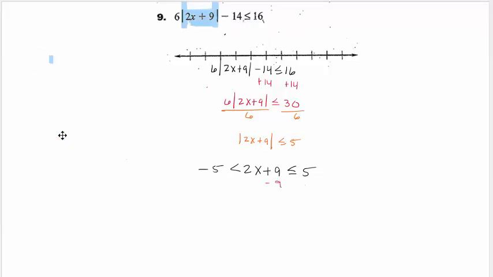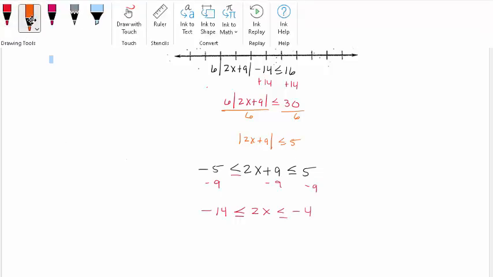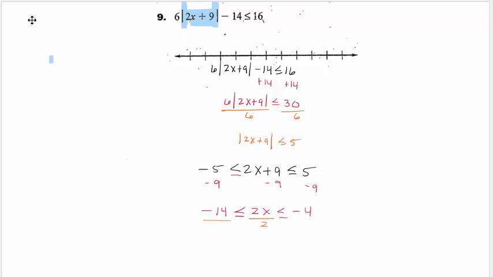So take away 9. We have negative 14, 2x, oh, I have to remember that equal sign, and negative 4. Now we will divide everybody by 2. So we have negative 7, x, negative 2.